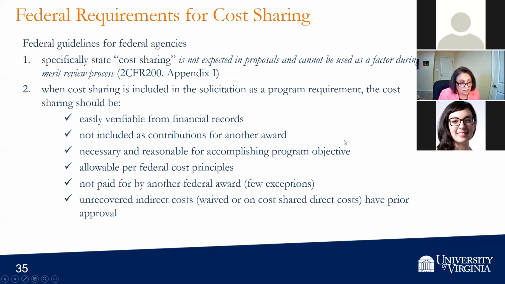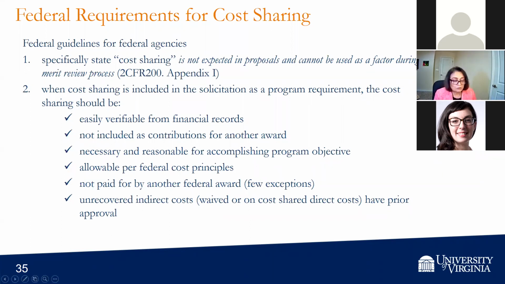We are doing that through companion accounts. If we are booking our costs in the companion account, they're not included as contribution for another award. They're necessary and reasonable. We are applying the same cost principles and they're not paid for by another federal award.